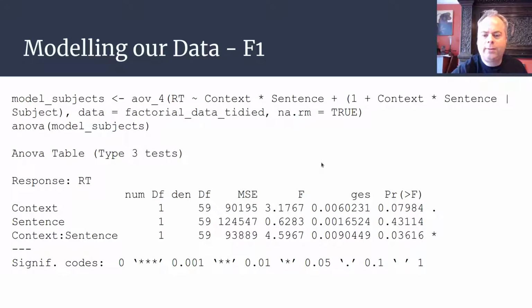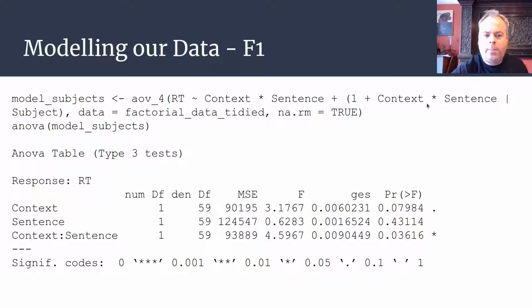So context and sentence are our two experimental factors, and we specify them in this way. So context asterisk sentence stands for a main effect of context plus a main effect of sentence plus the interaction between these two factors. And because these are both repeated measures factors, we also have to specify them in a random effect term in the same way, so we do that here.